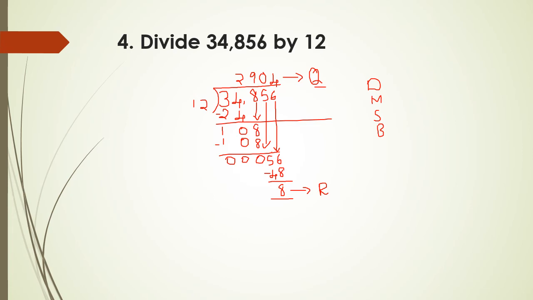So for dividing this number, next step you have to multiply. 12 times 1 is 12. Then 12 times 2 is 24. Then 12 times 3 is 36. So you have to take the number below, not above the dividend. So 12 times 2 is 24.